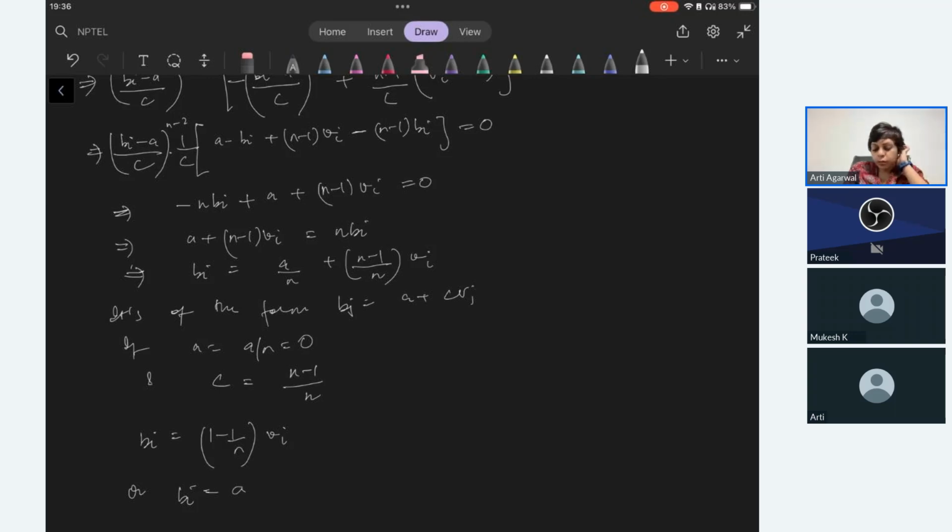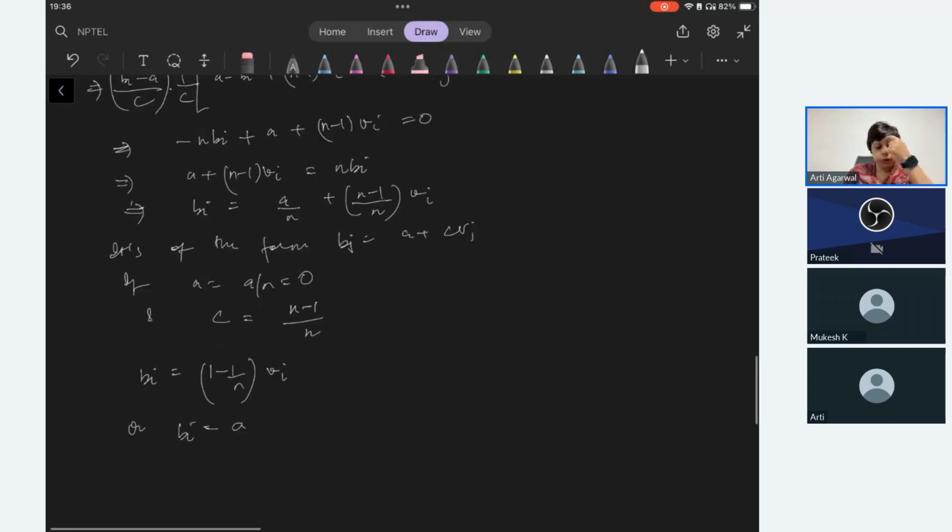So it's possible that can be a Nash equilibrium. I haven't reasoned it out. But in this question, we were actually asked to prove that 1 minus 1 by n into Vi is one of the Nash equilibria. So that's why I ignored that part over here.